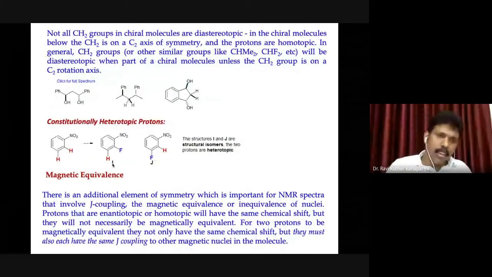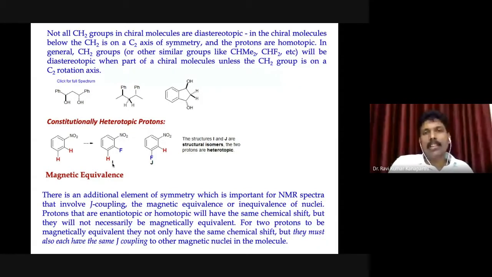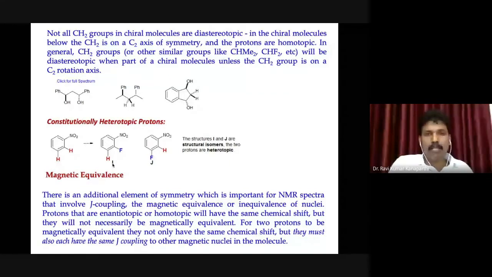Fine. So magnetic equivalence means that you take any two protons in a given molecule and see their respective coupling constant with a third proton in the same molecule. I have given an example with regard to para-substituted benzene, a disubstituted benzene where the substitutions are present in the 1,4 position.